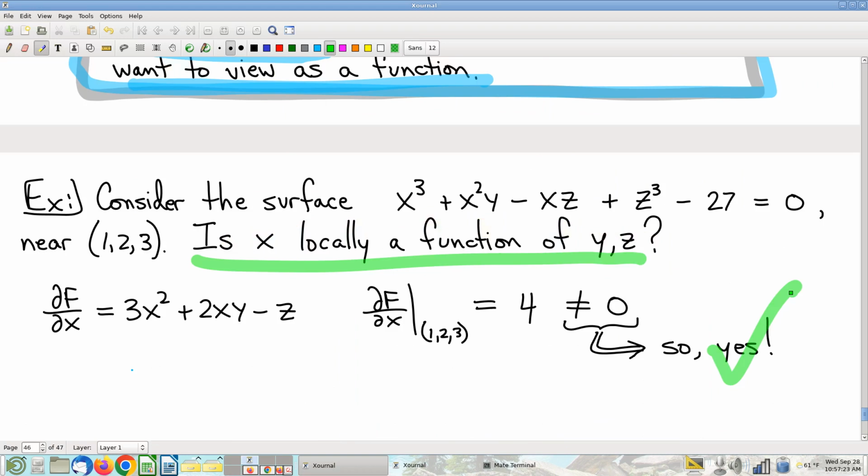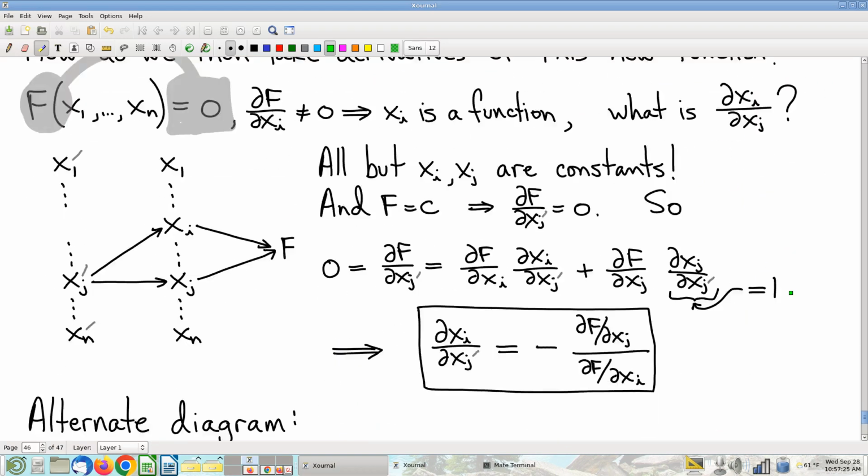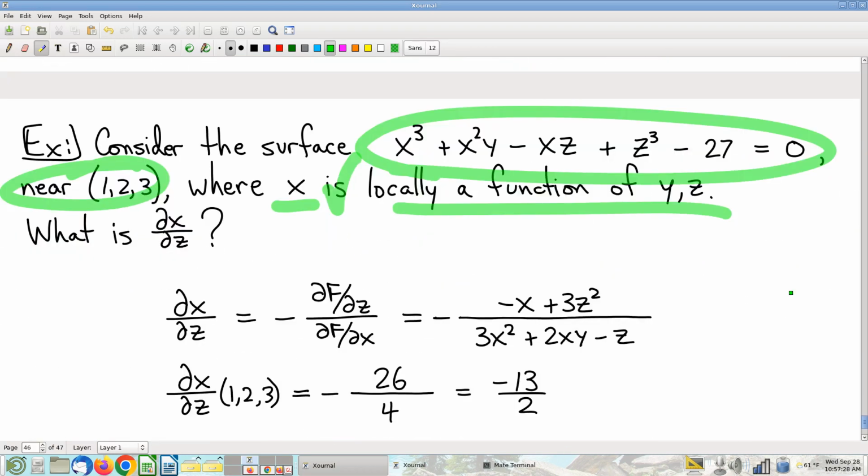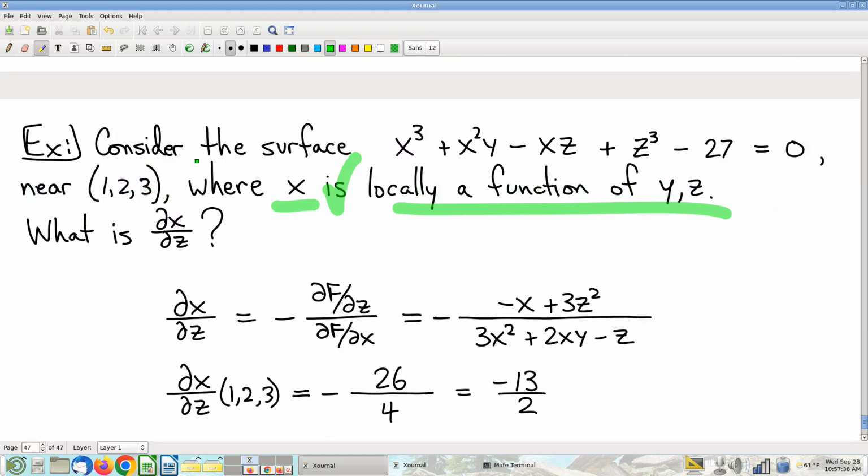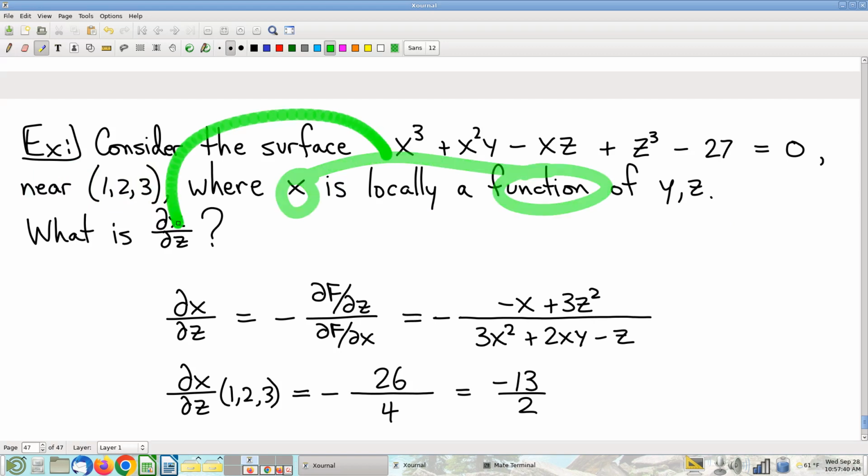Yes, it is. So that's been done. So I should call this the second part of that same example. Having established that it is locally a function, and therefore, because x is a function, I can talk about its partial derivatives. Next part of the question, how would I compute this partial of x with respect to z?